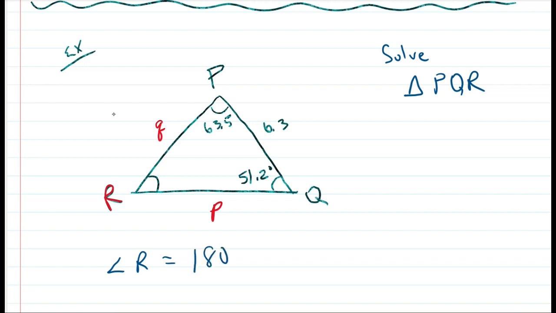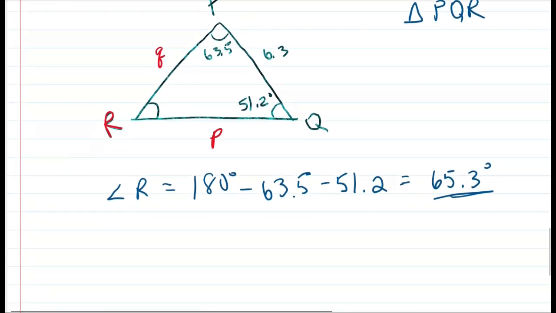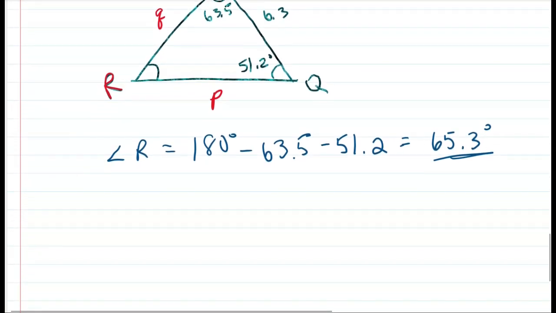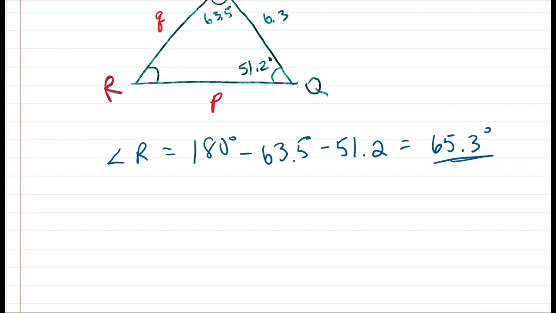So we can say 180 minus 63.5 minus 51.2, and when we crunch the numbers in the calculator, my calculator gets me 65.3 degrees. So now I have angle R, 65.3 degrees. Now let's calculate the sides.